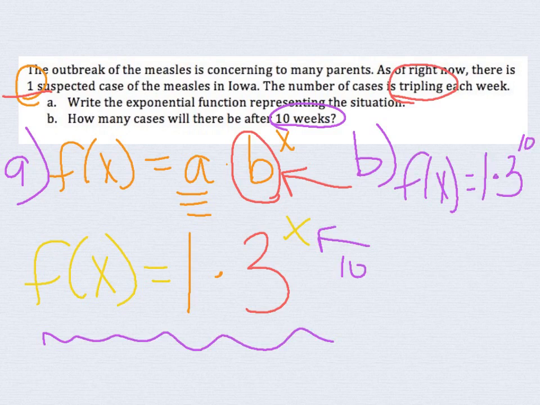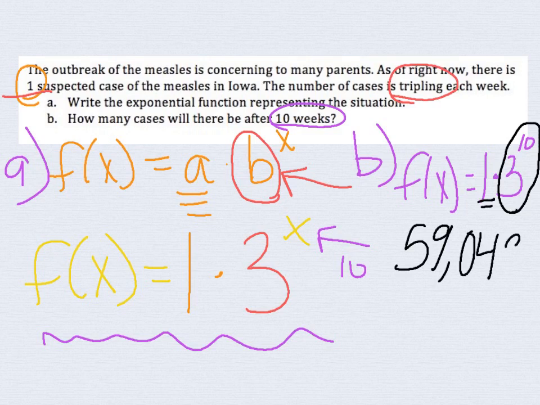Again, keeping in mind that I need to do my exponents first for my order of operations. 3 to the power of 10 is 59,049. And then make sure we times by 1. If I times by 1 on my calculator, I get that same number. So the total number of measles cases in Iowa after 10 weeks is going to be 59,049 cases.